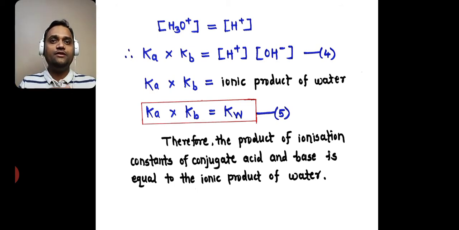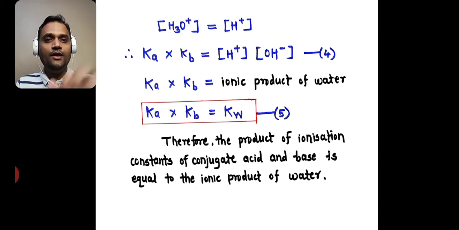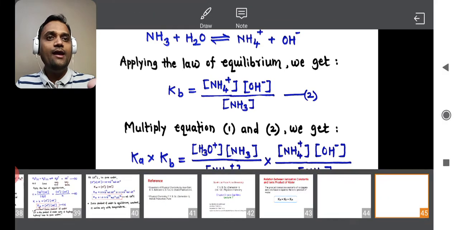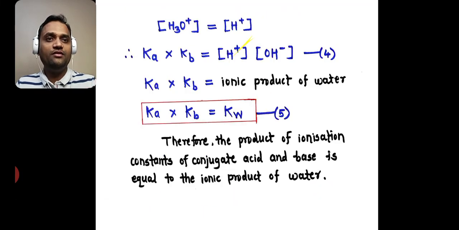Therefore equation 3 becomes Ka into Kb is equal to the molar concentration of H plus into the molar concentration of OH minus. So we have replaced H3O plus by H plus here.